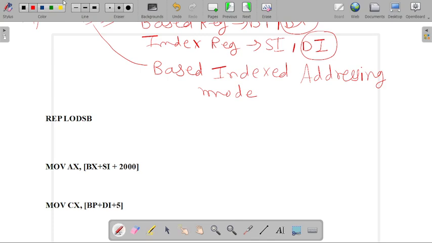The next instruction is REP LODSB. REP is a string manipulation instruction and LODSB is also a string manipulation instruction. So whenever string manipulation instructions are there in the example as the instruction set, then we can say that this type of addressing mode is string addressing mode.